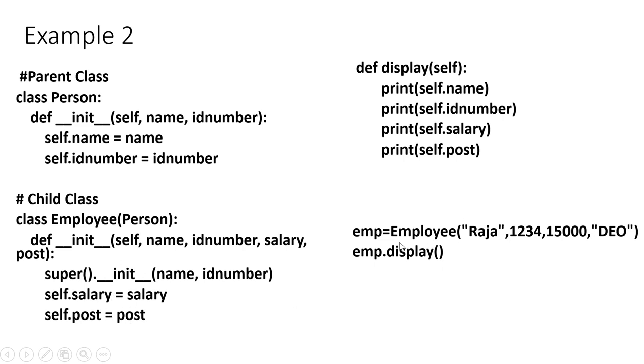When I call the display function, I will get the result put together in the child class. From this, the employee can have access to the attributes defined in the person class. With this simple example, I am closing this topic. We will discuss the rest of the things later. Thank you.